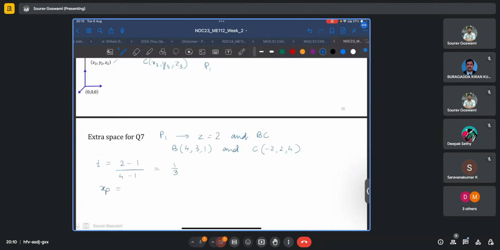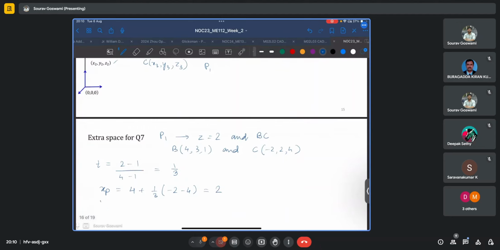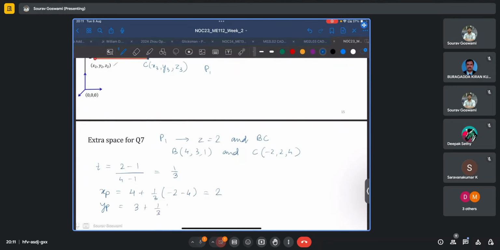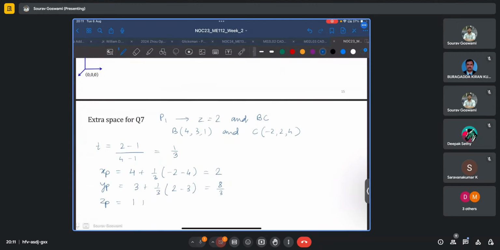Then xp is equal to x1 plus t into x2 minus x1, equal to 4 minus 6 by 3, which is 2. yp is equal to y1 plus t into y2 minus y1, equal to 3 minus 1 third, 8 by 3. zp is equal to z1 plus t into z2 minus z1, equal to 2, which is obvious because this point also lies on the plane z equals 2.